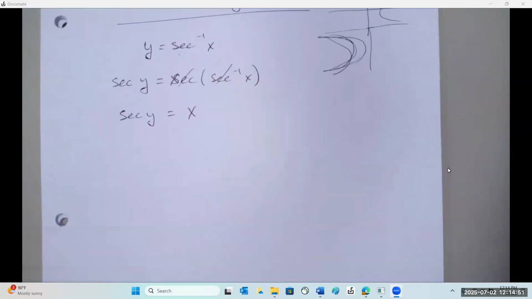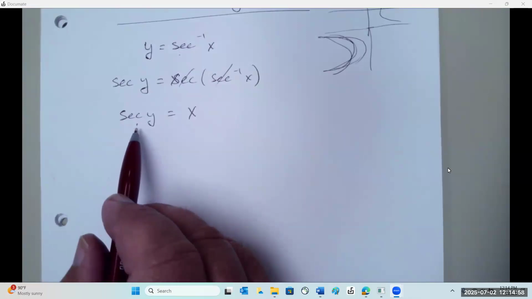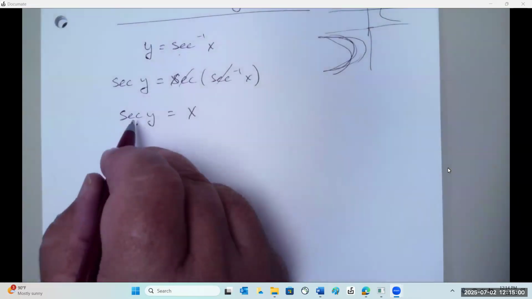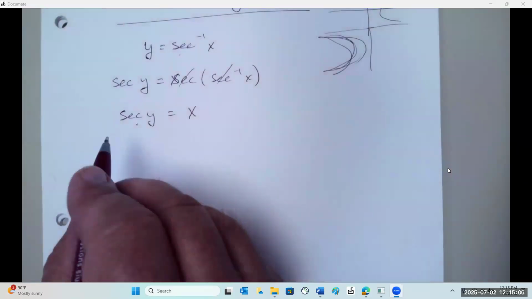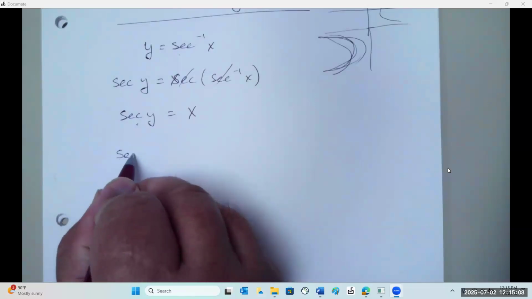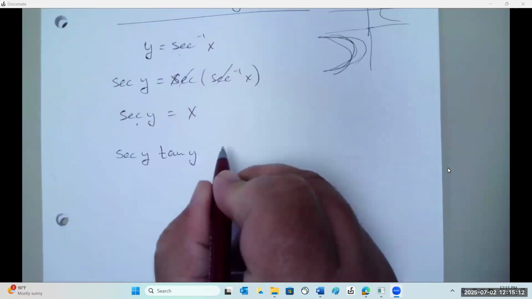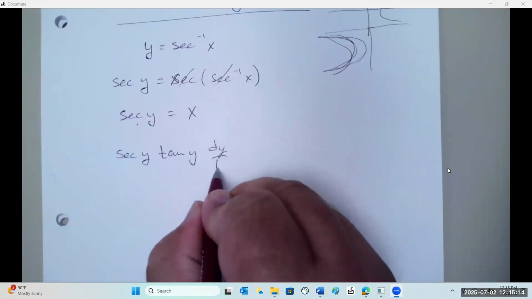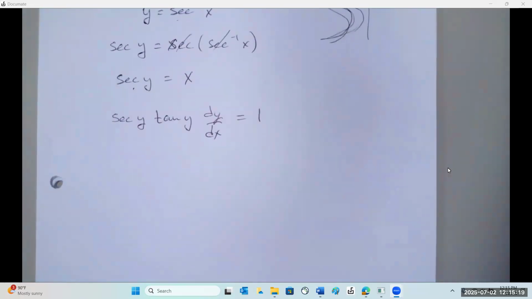Now we can differentiate both sides. We know the derivative of secant, don't we? We figured that out. So the derivative of secant is what from our chart? Then dy dx equals 1. The derivative of secant is secant tangent.